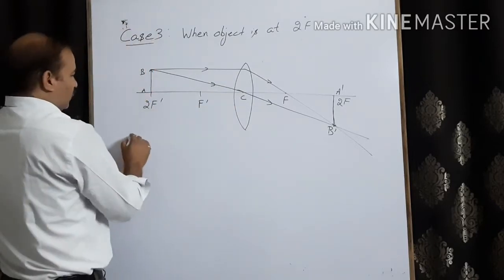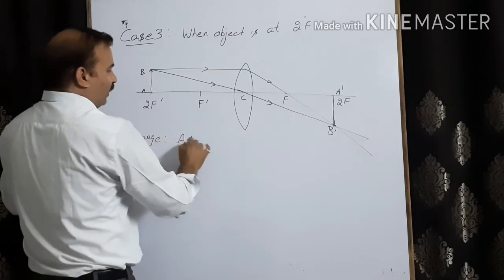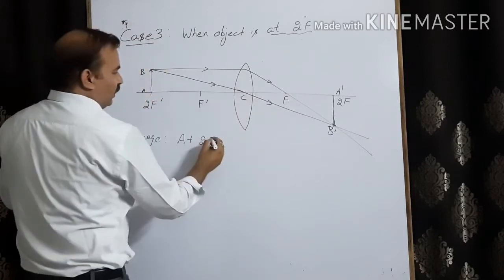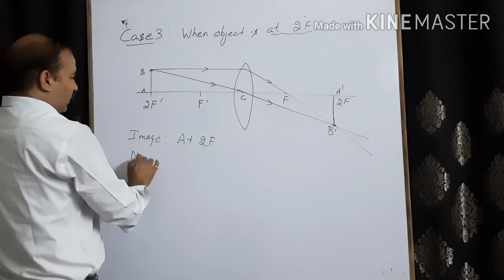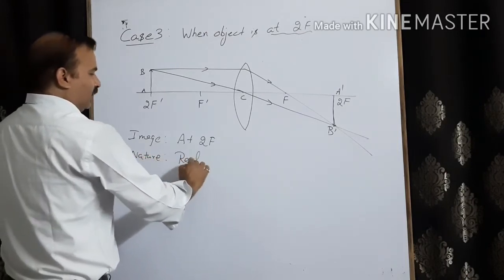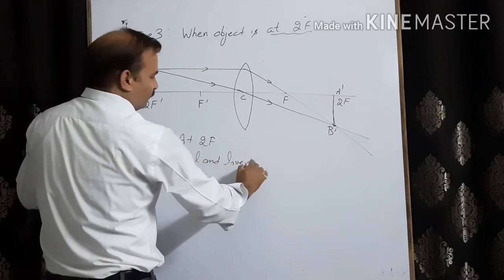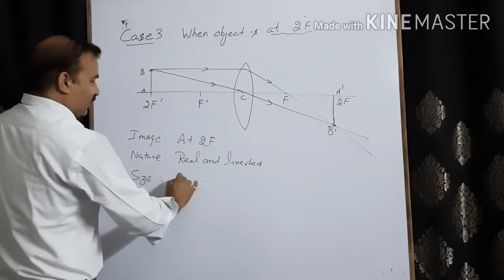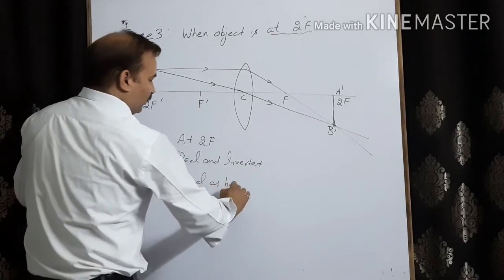Now, when the object is at twice the focus, the image is formed at the same twice the focus, and the nature of the image is real and inverted, and the size of the image is equal to the height of the object.